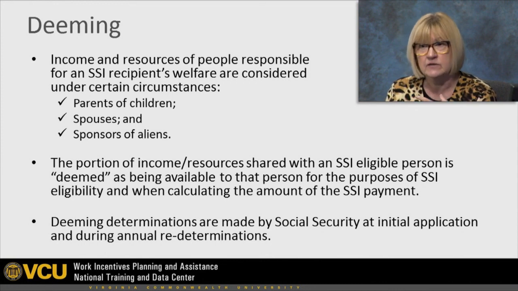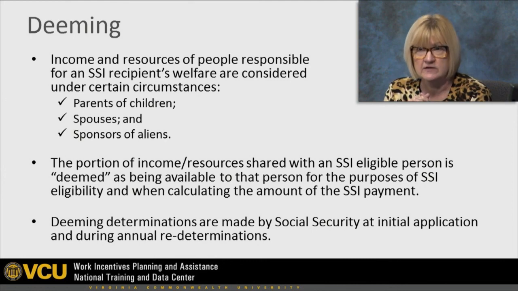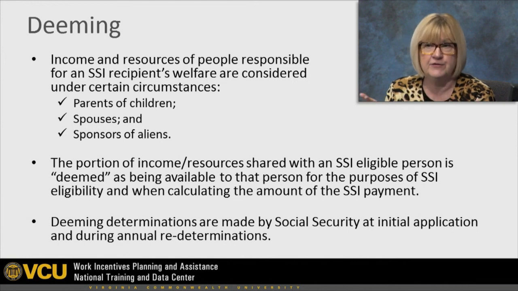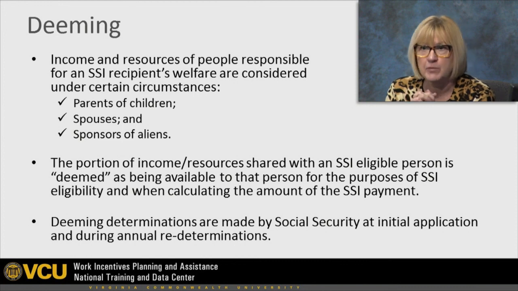And finally, the most complex is parent-to-child deeming. These resource documents are available to you if you have a need to dig a little bit further. But I warn you, this is complex stuff, and if there are questions from a beneficiary, your best bet is typically to refer the person to Social Security for a determination.